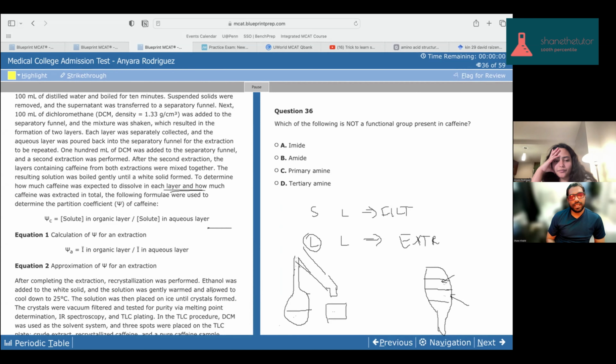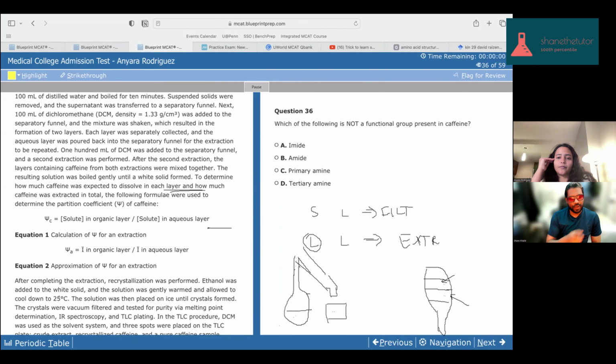So what would the organic layer be made of? The DCM. And what's the solute? Caffeine. Good. So this partition coefficient calculation is equal to the concentration of the solute in the organic layer over the concentration of solute in the aqueous layer.